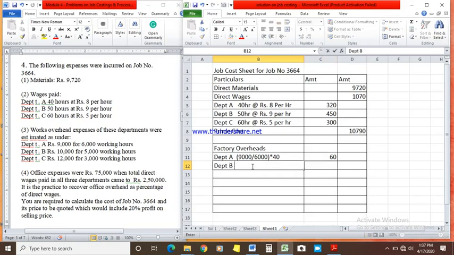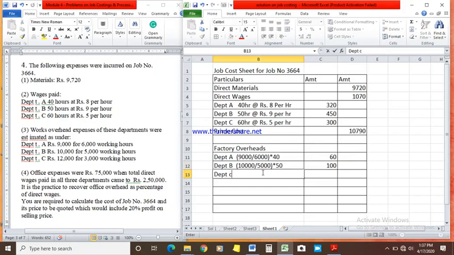Department B: 10,000 divided by 5,000 multiplied by 50, as department B is spending only 50 hours.